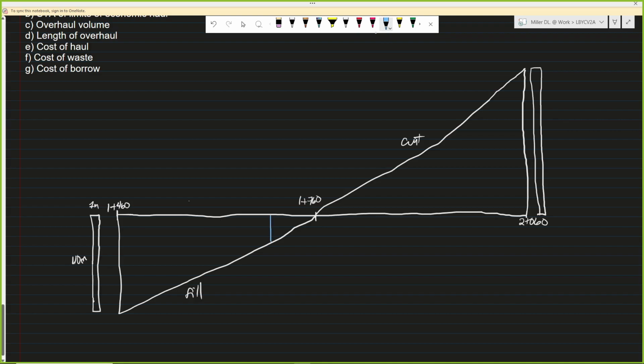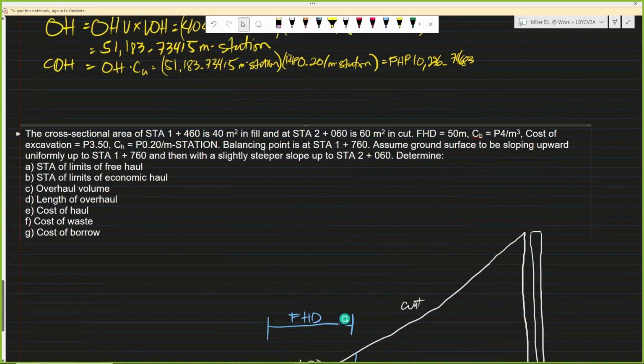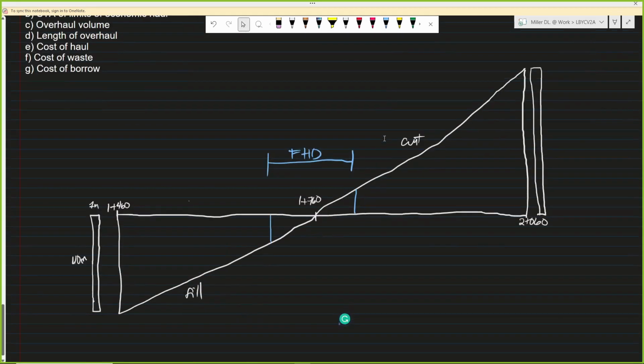So basically, si free haul, kunwari, ito siya. Within this limit, si free haul distance. Okay? Ang sabi sa problem is that the free haul distance is 50 meters. Okay? So, yung total length niya ay 50 meters. Yung sa left, tsaka sa right.